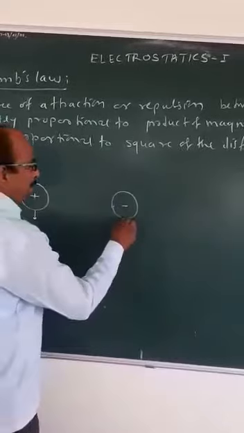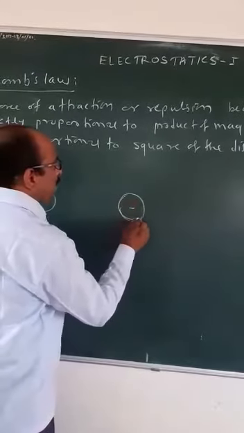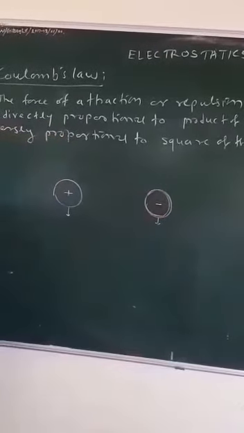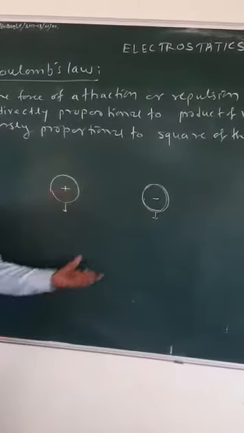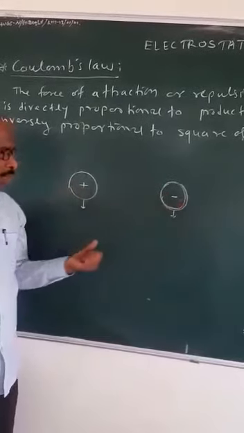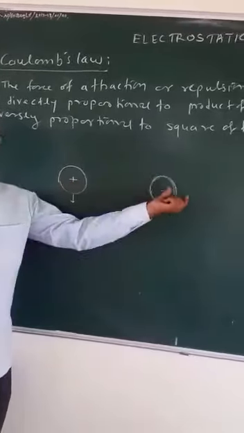And the body having excess of electrons is known as the negative charge. Means deficiency of the electron is positive charge and excess of electrons is called negative charge. Therefore, there are two types of charges, positive charge and negative charge.